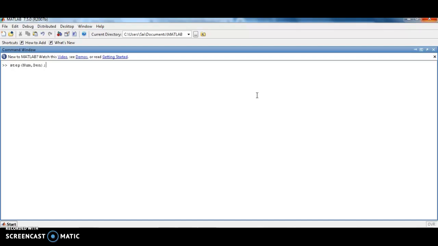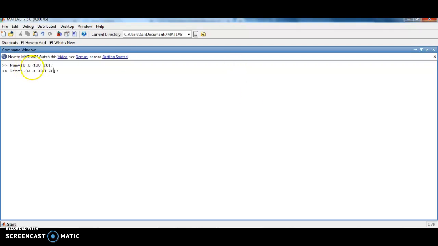So in the numerator, 100 s plus 20. In the denominator we have the s cube term: 0.02 s cube plus 1 s square plus 100s plus 20.